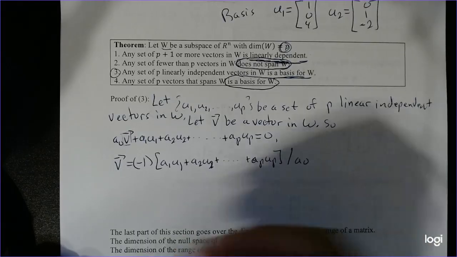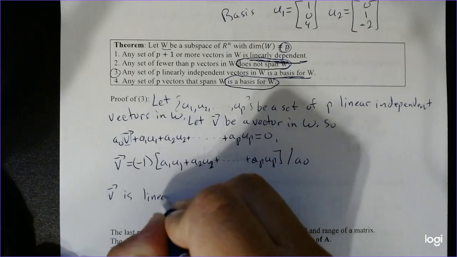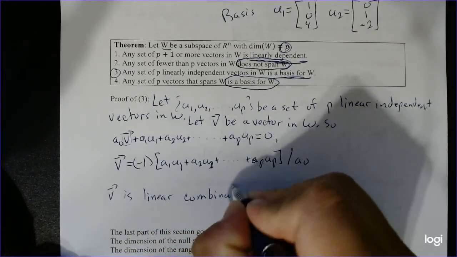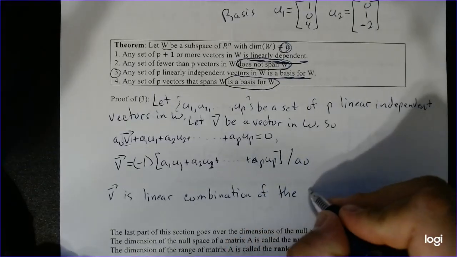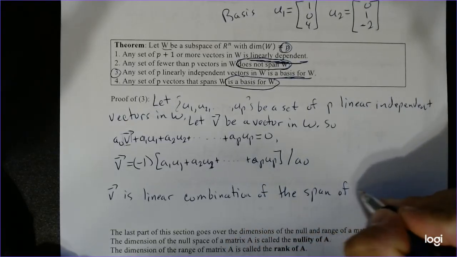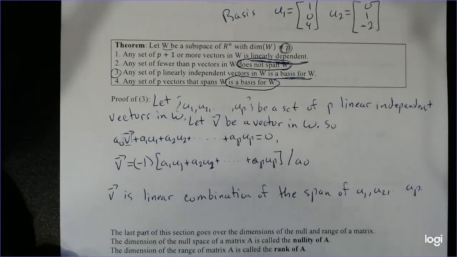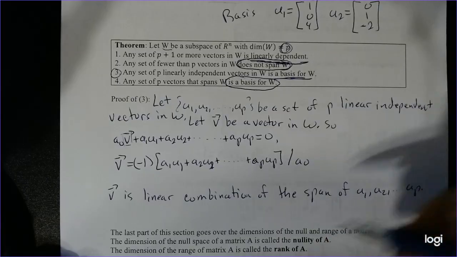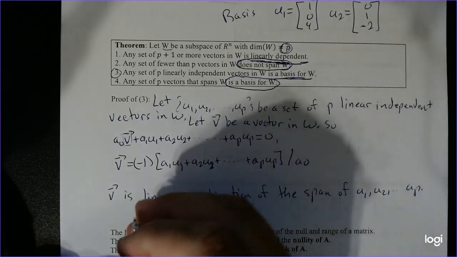So that means vector V is a linear combination of the span of U. So all of these. Well, by definition, if it's a linear combination of the entire span, therefore it's also a basis.